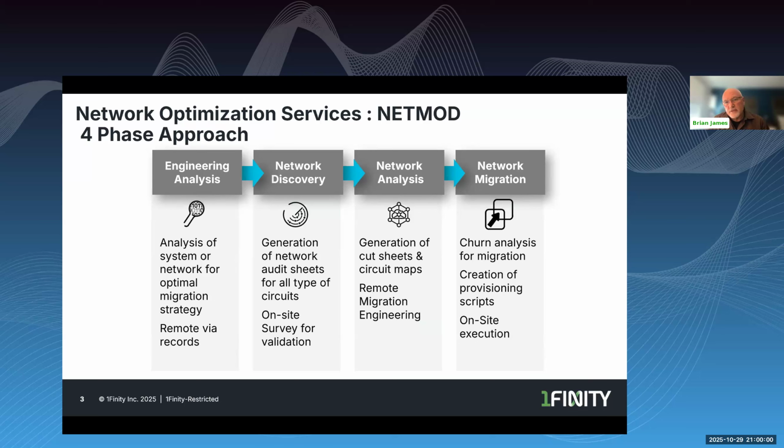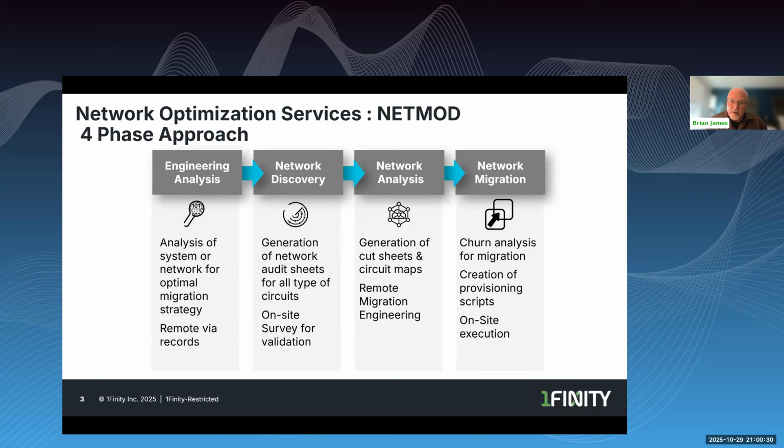The third step is the network engineering, the engineering of the migration, the generation of the cut sheets, the circuit maps. Again, this is remote migration engineering that we focus on, working through the first two steps and getting a plan put together before we actually go out and do phase 4, which is the network migration.